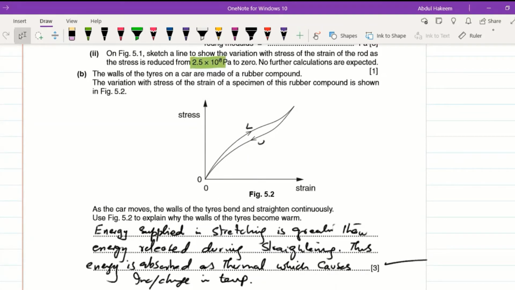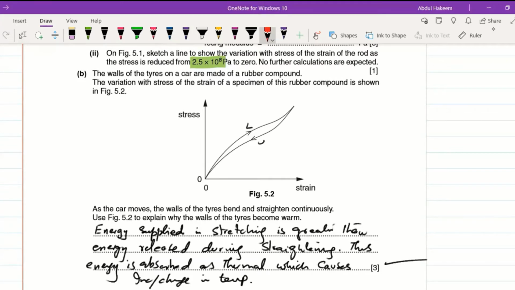We have done that. Rubber does not obey Hooke's law, and some of the energy is not released at the end. It is absorbed by the rubber as heat. So energy supplied in stretching is greater than the energy released during straightening.